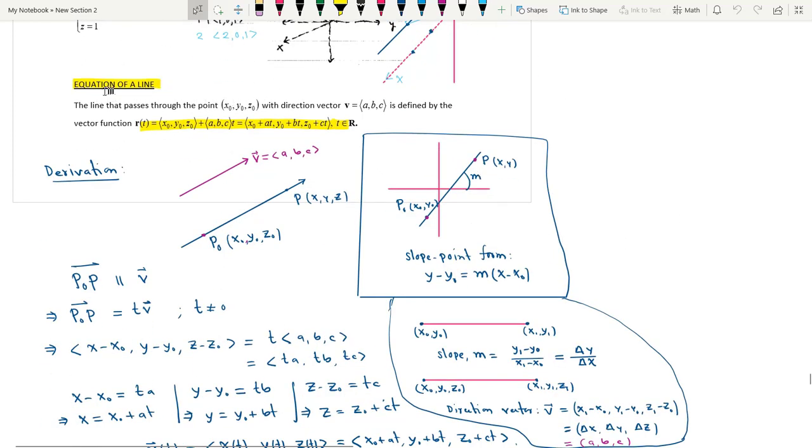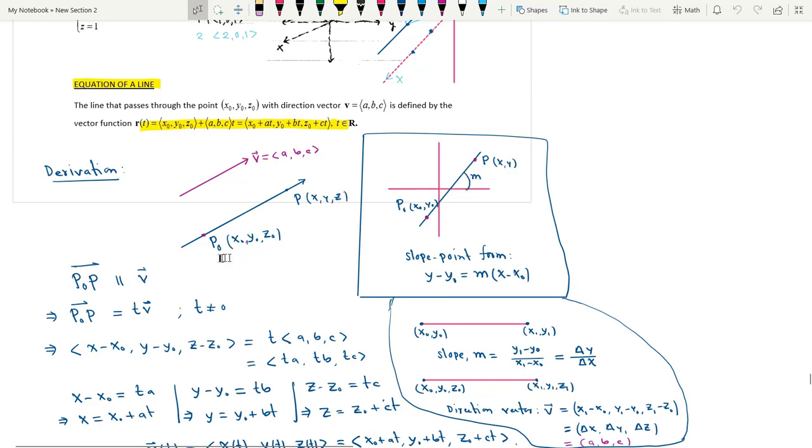Now we need to find the equation of a straight line. In 2 dimensions, we know that if a straight line passes through the point P0 equals x0, y0 and has a slope m, then its equation is y minus y0 equals m times x minus x0, where P0 is the fixed point, P equals x, y is a general point on the straight line, and m is the slope.